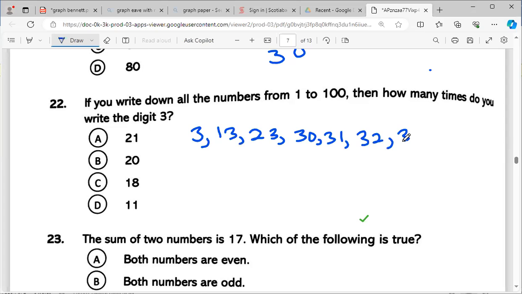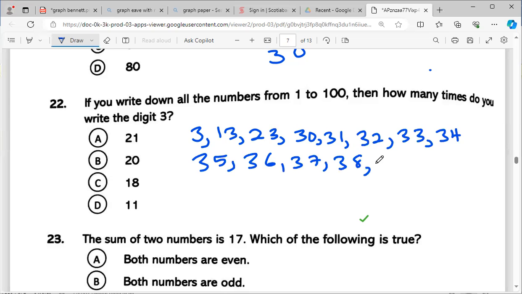Notice you write 3 twice, right? 34, 35, 36, 37. You see that, guys? 38, 39. What's the next number after 39? 43. And you continue like this.